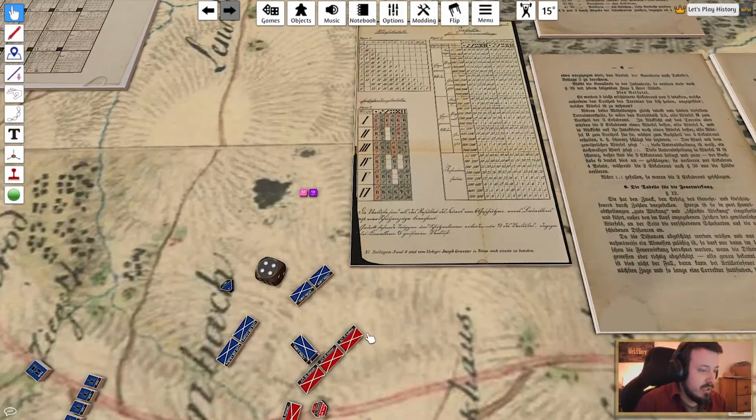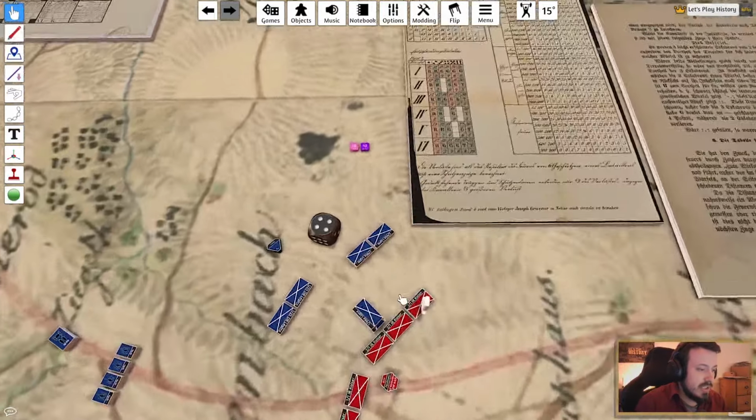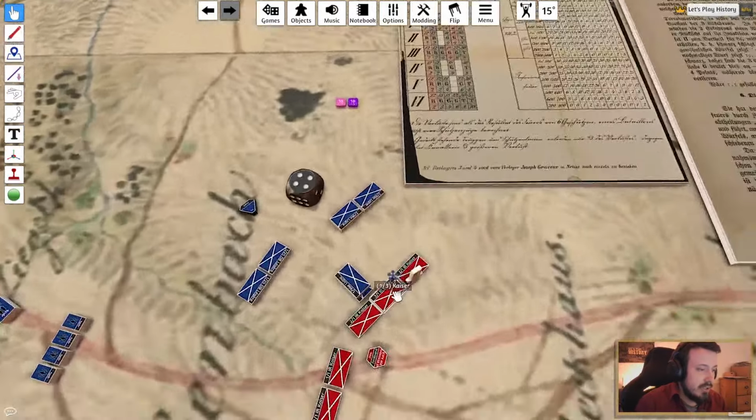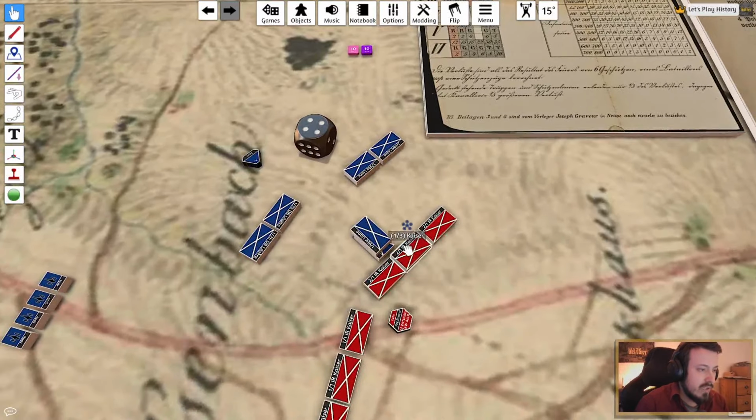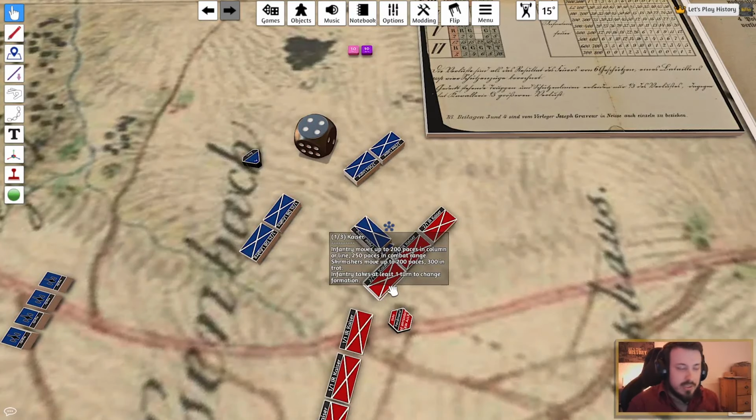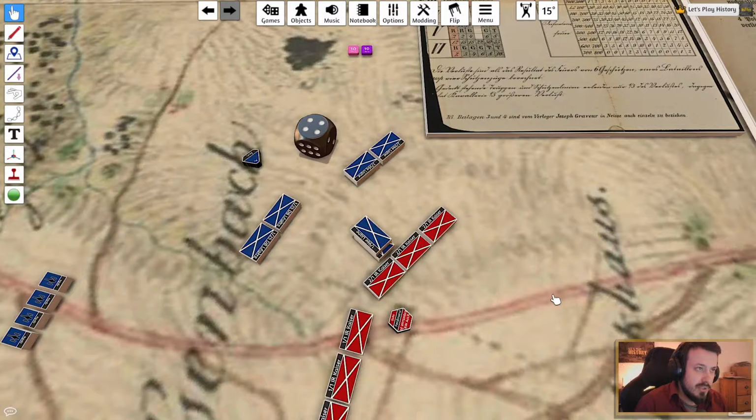Let's assume that these two companies are not able to participate in this combat because they are locked in a firefight with this battalion up here. So we have one battalion against one battalion, and for the sake of the example, I will assume that they are both at full strength.